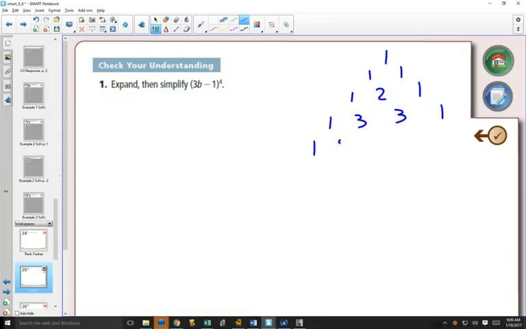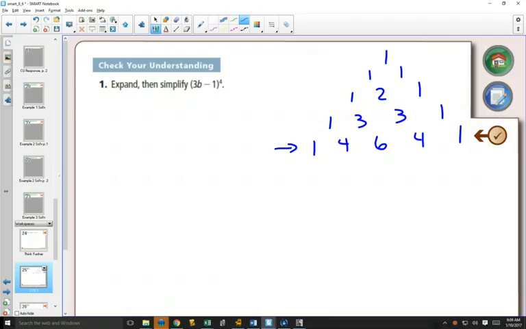If I have 3b minus 1 to the 4, how many terms are there going to be? When you expand it completely, 5 terms. So as far as Pascal's triangle goes, you have to go to the row where there are 5 terms. And those will be your coefficients.